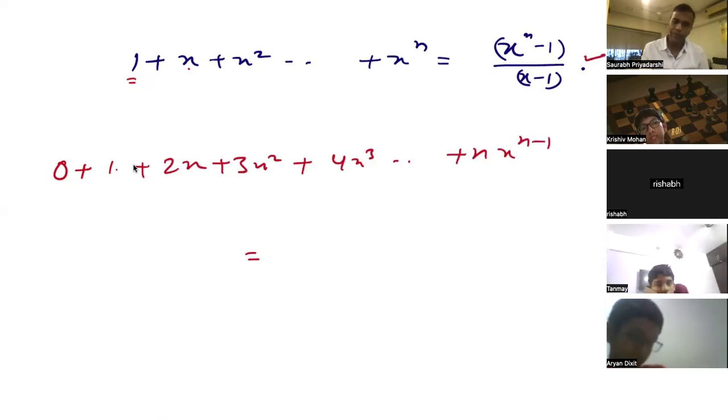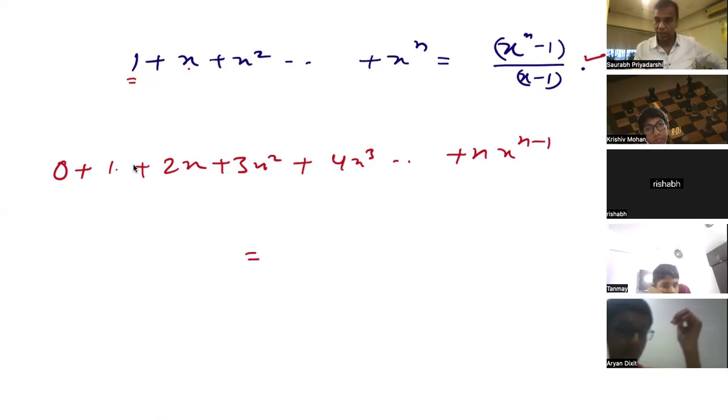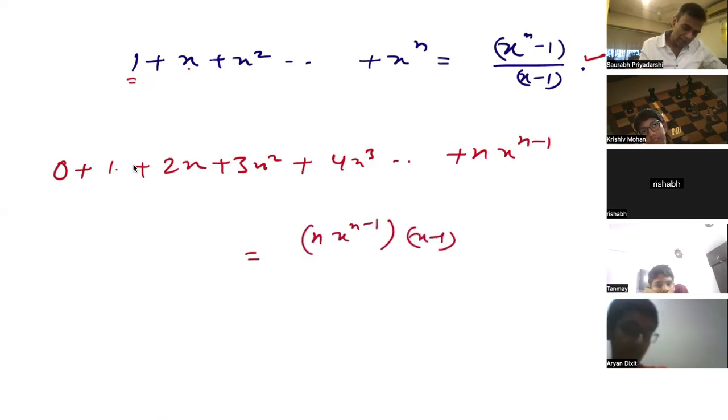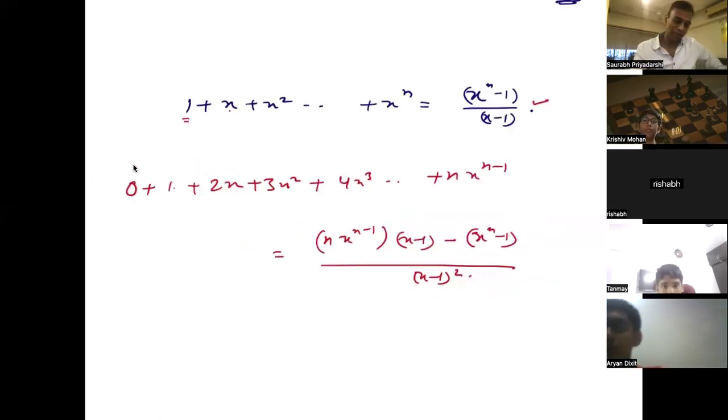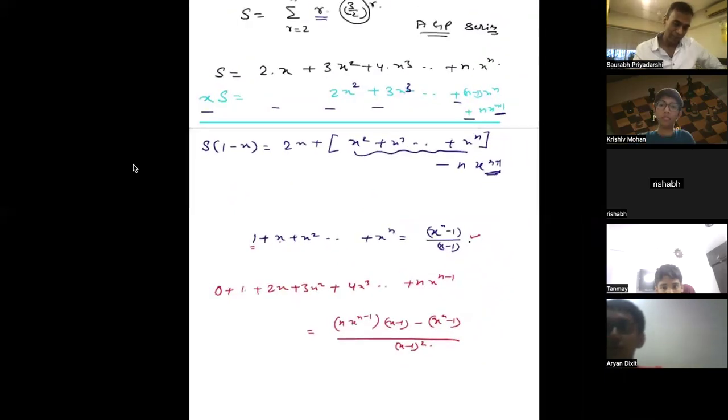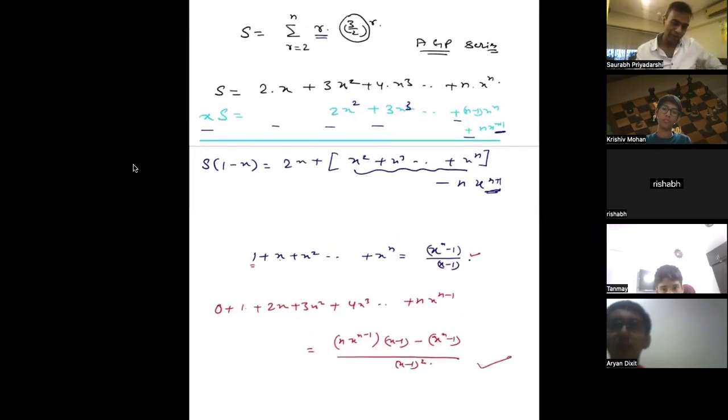And on the right side, the division rule of differentiation, I hope you all know this: n x to the power n minus 1, x minus 1 constant, minus derivative, x to the power n minus 1, upon x minus 1 the whole square. This is the answer of the question. You have to put x equals 3 by 2. That's it. Either you go by this complete thing, or you have to subtract 1 from this.